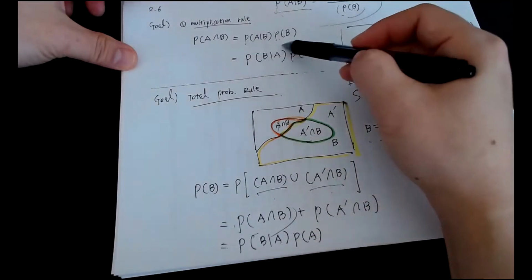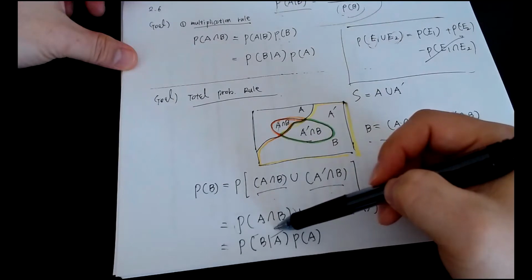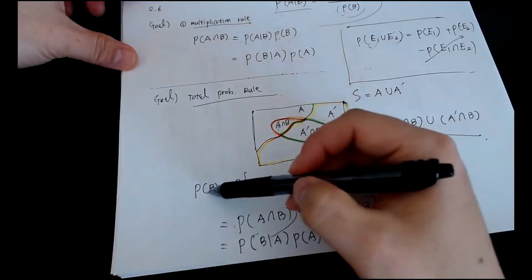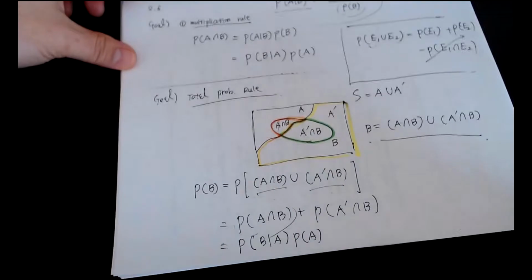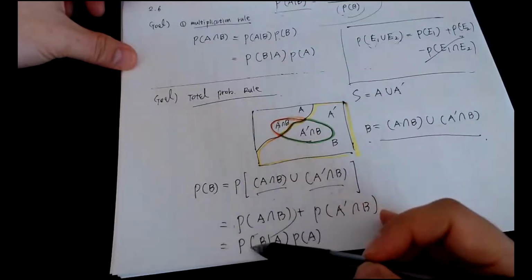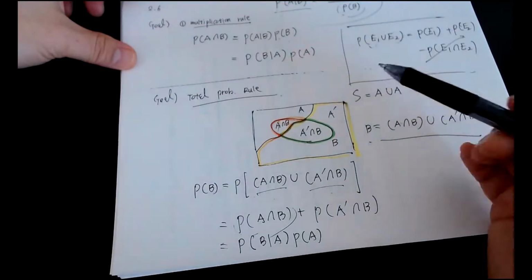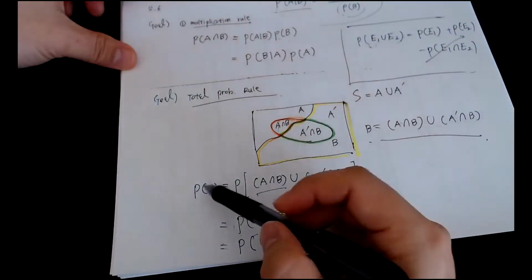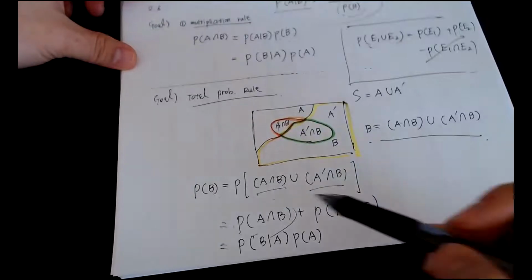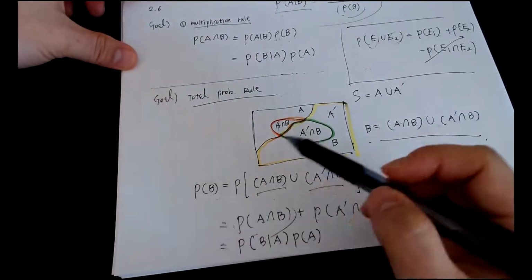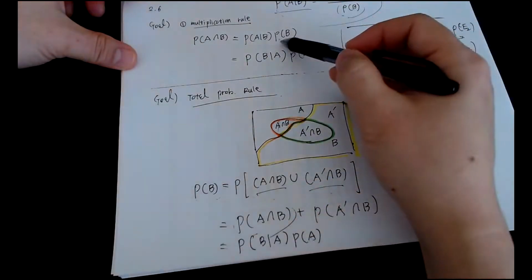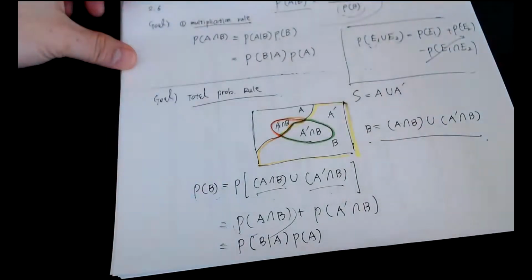If you just apply this one here, it doesn't make sense, because we want to express P of B in terms of other probabilities. But P of B equals P of B given A times P of B. That doesn't make sense. Here we assume that we want to find P of B, which means that we do not know P of B. Then we express P of B in terms of P of B. That doesn't make sense.